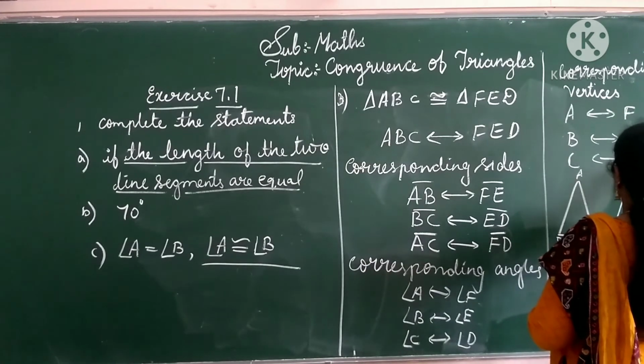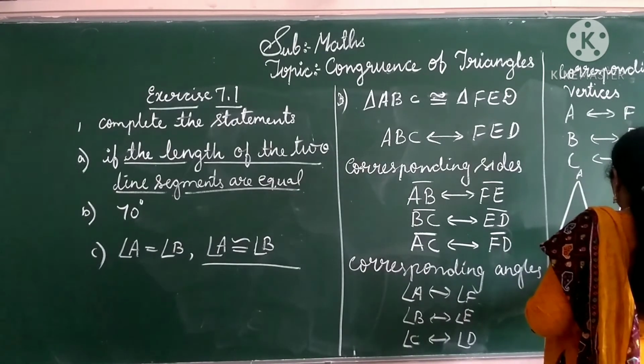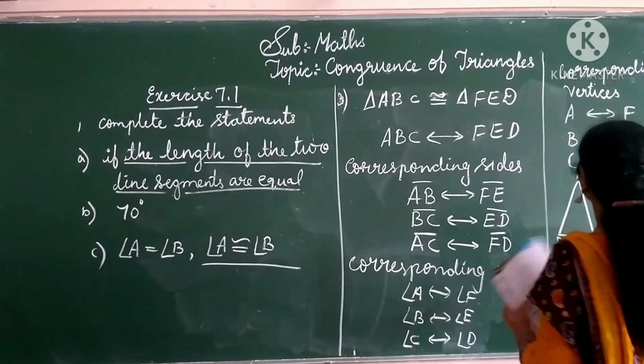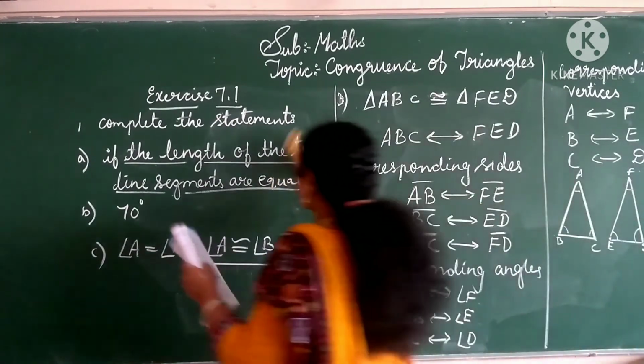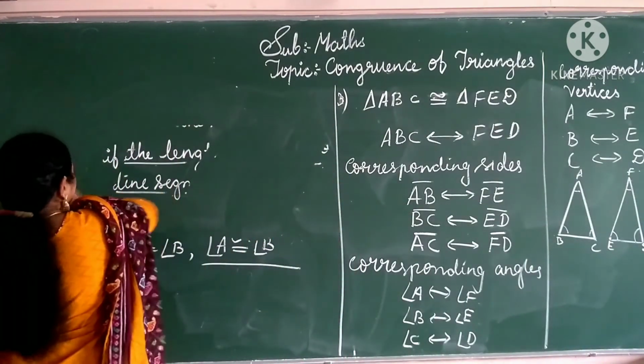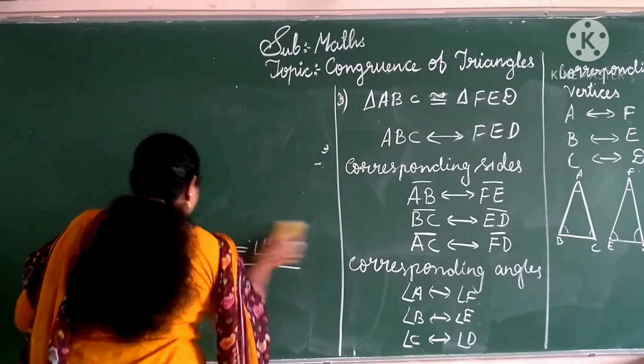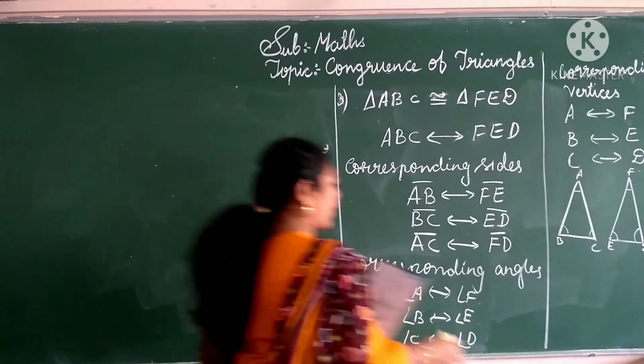We have F, E and D. We can say these are the vertices, and we have angles, and we have line segments.